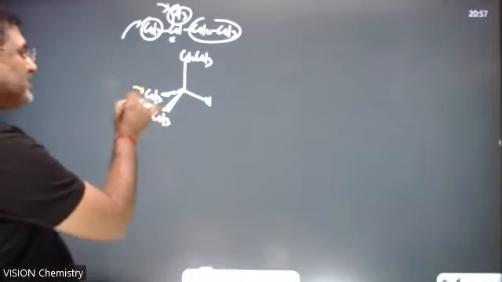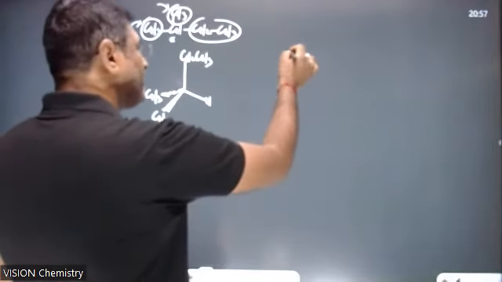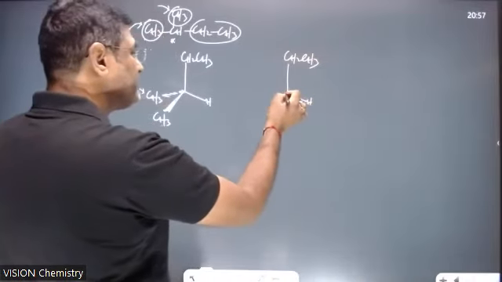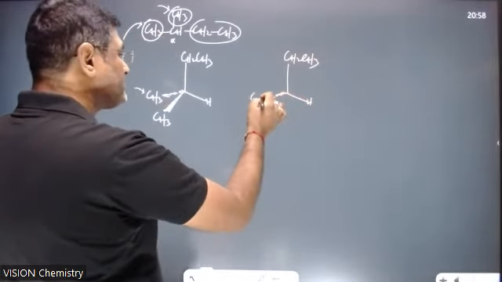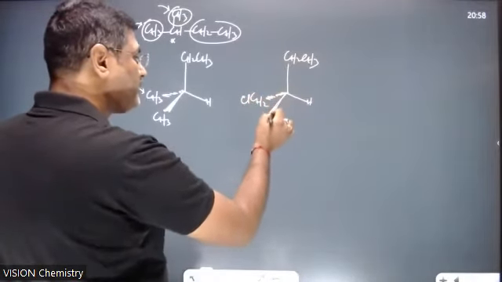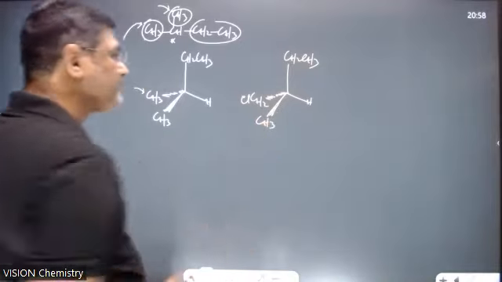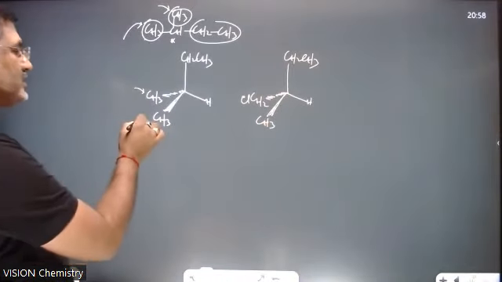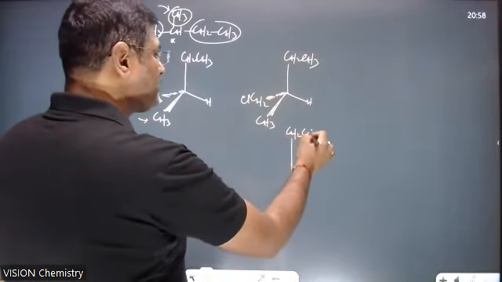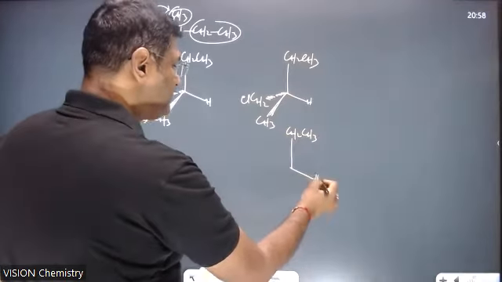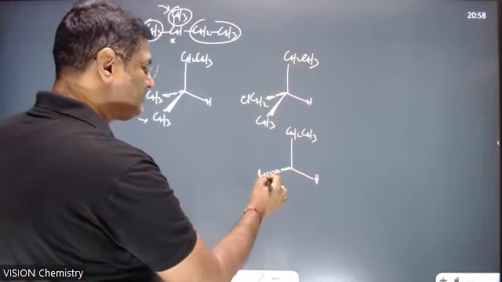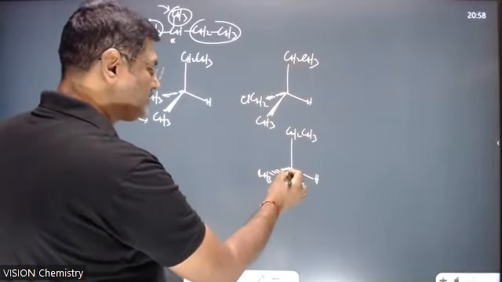If the reaction takes place here, you get CH2CH3, their hydrogen, so this one is CH2Cl, and this one is CH3. If the reaction takes place here, there is CH2CH3, here hydrogen, there CH3, and this one is CH2Cl.